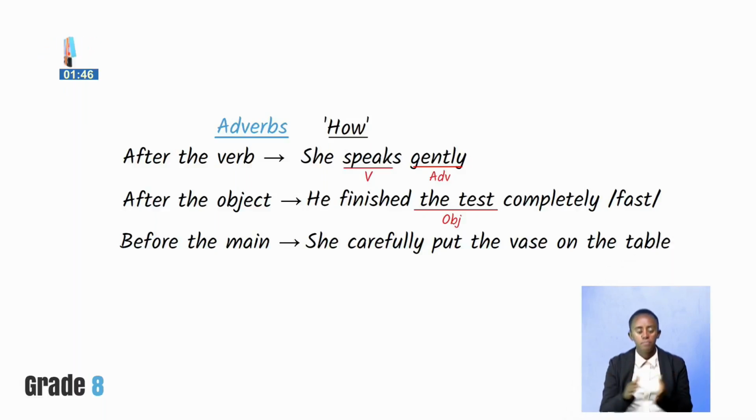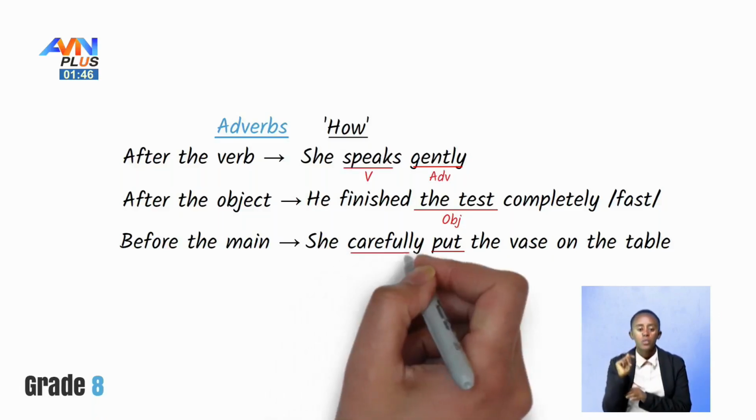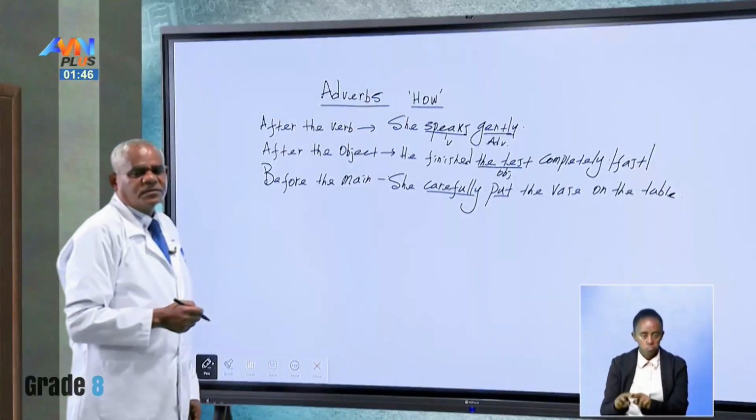Look at this. This is what you mean by before the main verb: here is the main verb, in other words, after the subject. Look, these are the positions of the adverbs in a sentence.